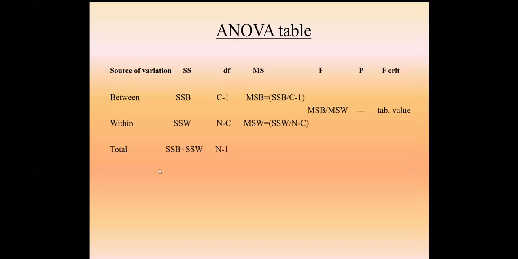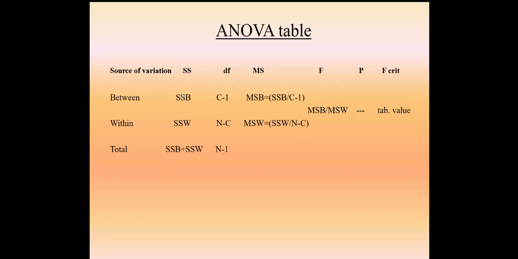See what is shown here. This is the main table we obtained, and please go through this table very carefully, because it will give you information about everything. SS, that is sum of square, and here in source of variation, between is written. So this is SSB, the sum of square between the samples.